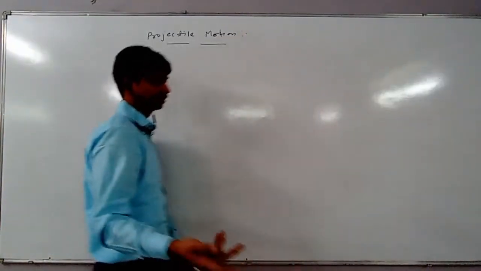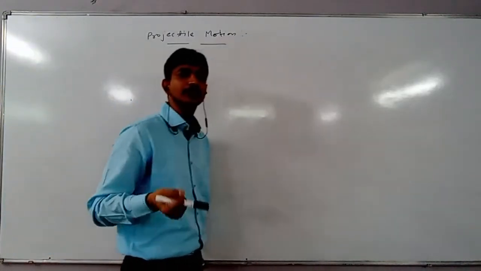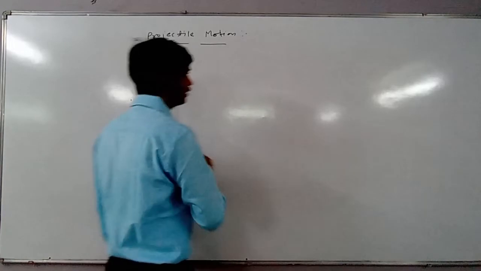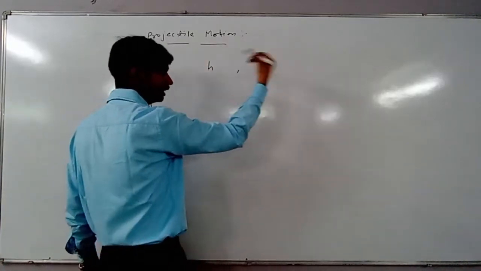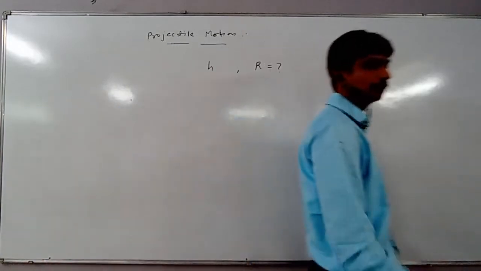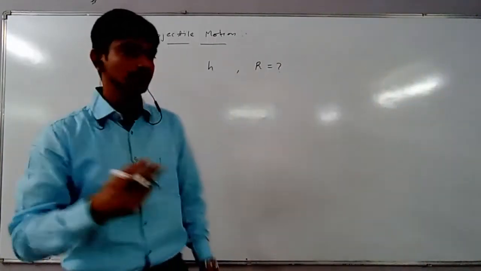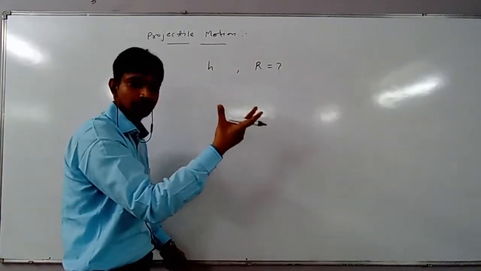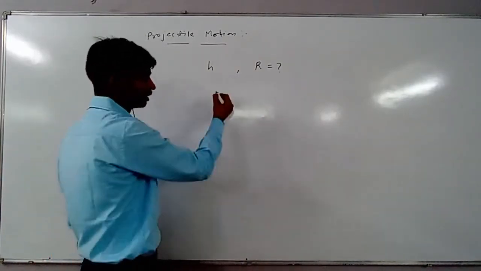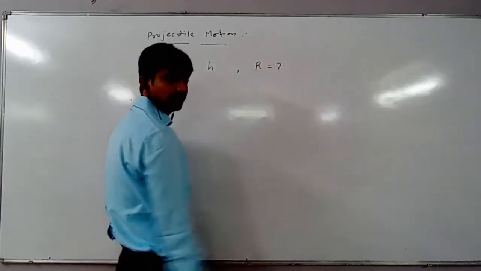Okay. Just one question. Let me take one question. If you can throw a ball up to a maximum height small h, then how much range can you throw it? What is the maximum possible range for which you can throw a ball? What is the question? You can throw a ball to a maximum height h, and what you need to find? Maximum possible range.